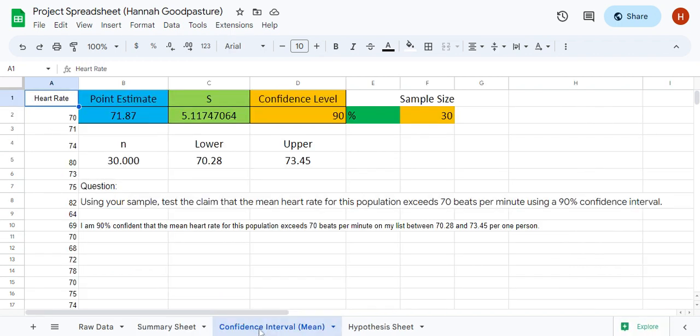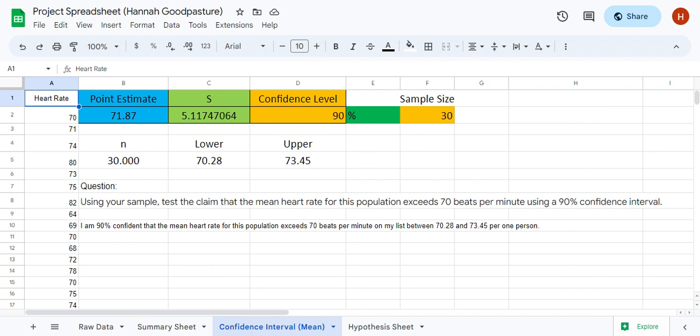Moving on to the confidence interval, the question I am answering is, using your sample, test the claim that the mean heart rate for this population exceeds 70 beats per minute using a 90% confidence interval. Our point estimate is 71.87, the standard deviation is 5.11, and the confidence level is 90.